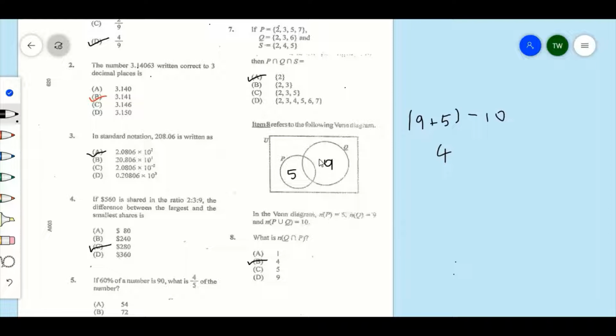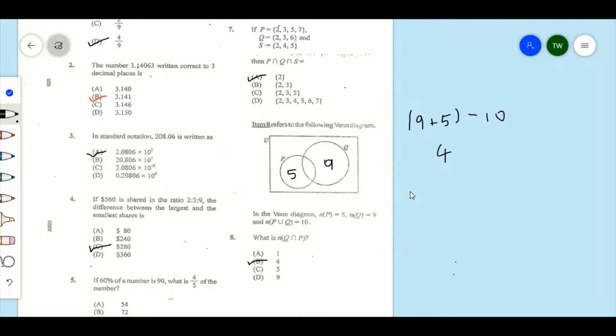And in this set, you notice if we add 9 plus 5, right, that's going to give us 14, which means that some elements would have been counted twice because you have an intersection, right? So we have to add these and then subtract.